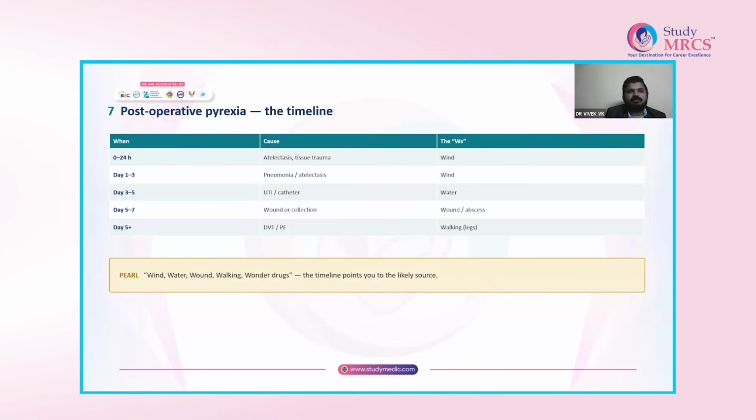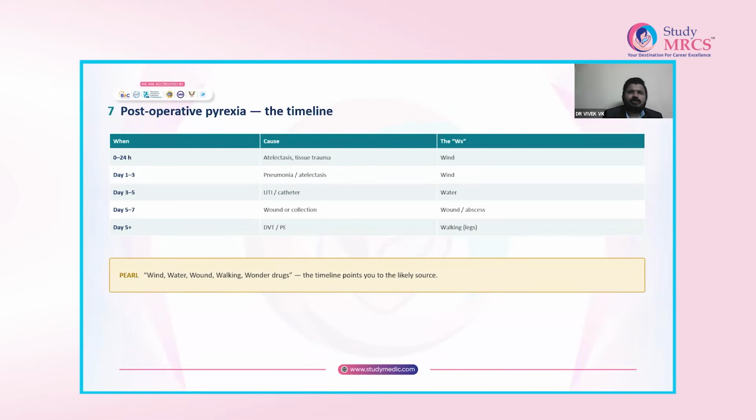Coming to postoperative pyrexia. Any post-operative surgical patient can develop fever. The cause of fever could be different. You will get a clue regarding the cause depending upon at what post-operative day the patient developed the fever.